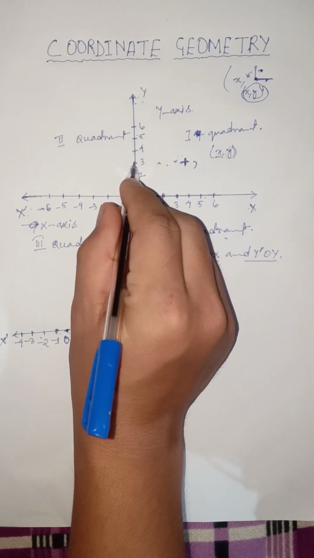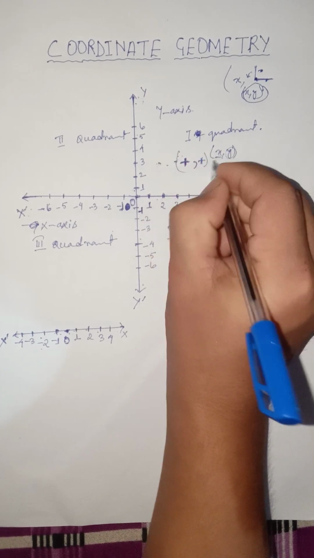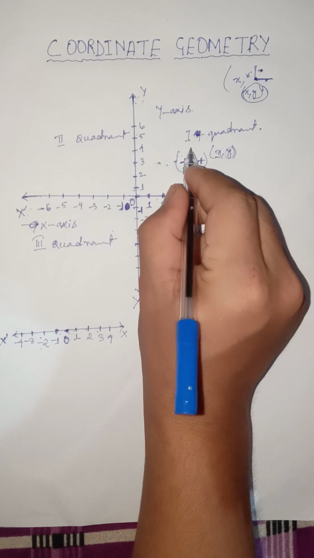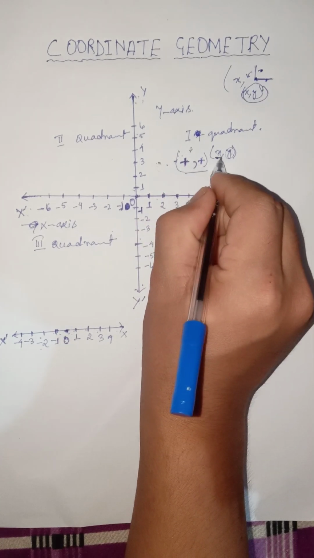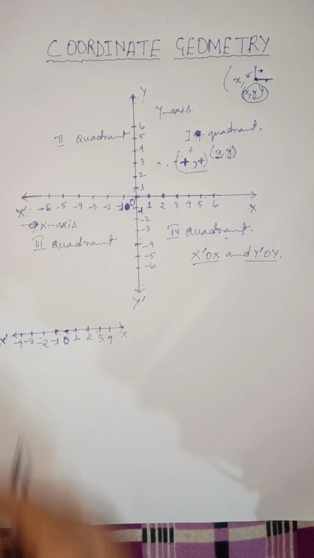Since this is also in the positive direction, both x and y are positive. So this will be the sign in the first quadrant. Is this clear to all of you? Then let us move to this.